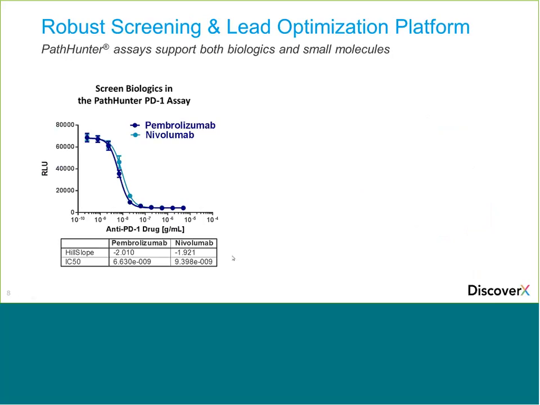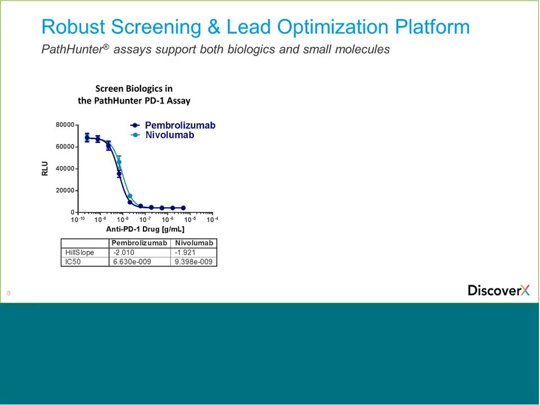What's also striking is that we can observe this assay at single-digit nanogram per mL sensitivity, which is at least 15 times or greater more sensitive than any of the other assays that are out there for the PD-1 receptor.